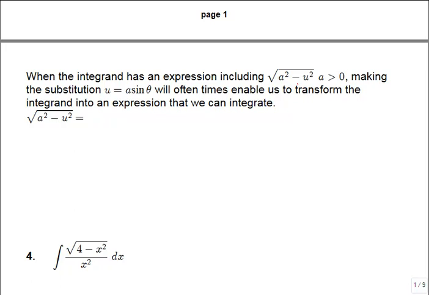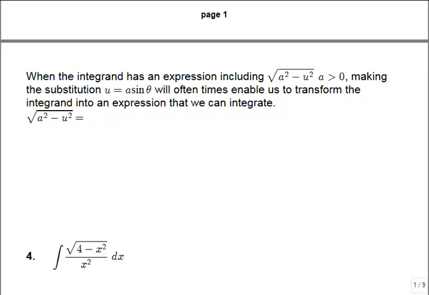We are going to let our u equal a times the sine of theta. And we're also going to have to calculate, therefore, what du is going to be in terms of d theta, and we'll see what that turns into. But most of the time, it transforms our integral into something that we can actually integrate.